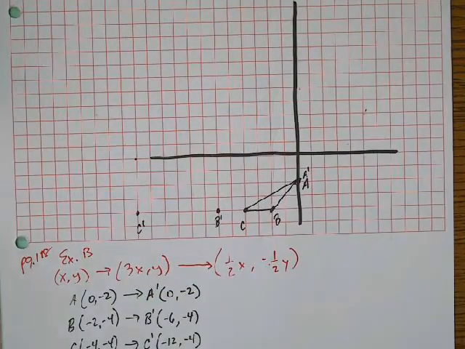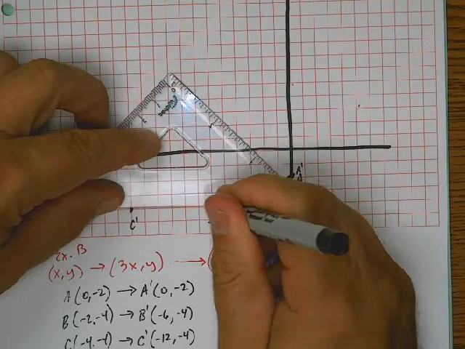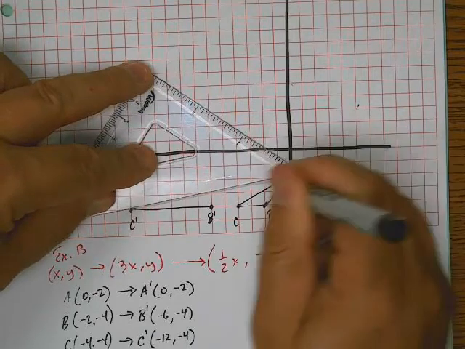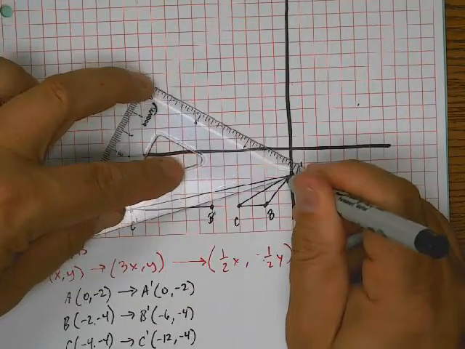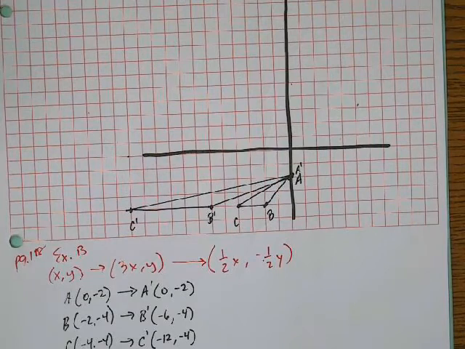All right, let's use the straight edge here. Horizontal stretch. What we just applied. Okay, Micah, got it? Nicholas, you good? Yeah. All right, we got one more.